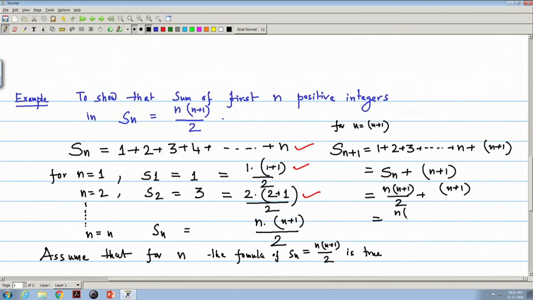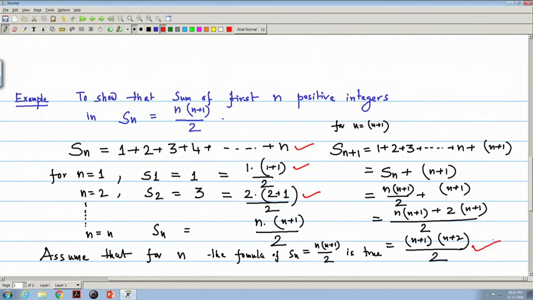If we do n into n plus 1 plus 2 into n plus 1 divided by 2, it is n plus 1 into n plus 2 divided by 2. So, we see that the formula for n plus 1 is also true.